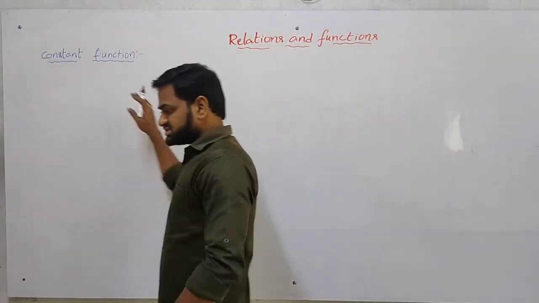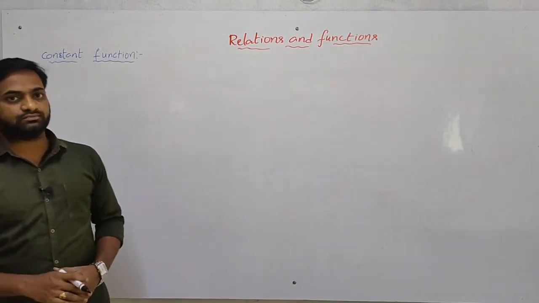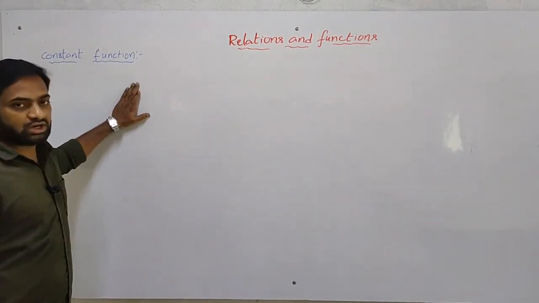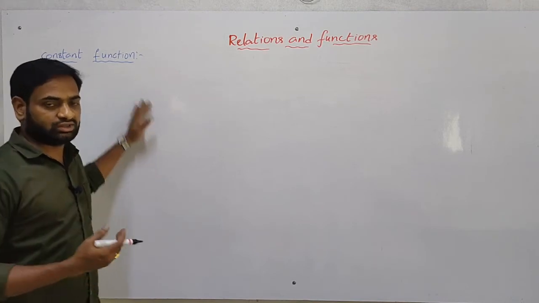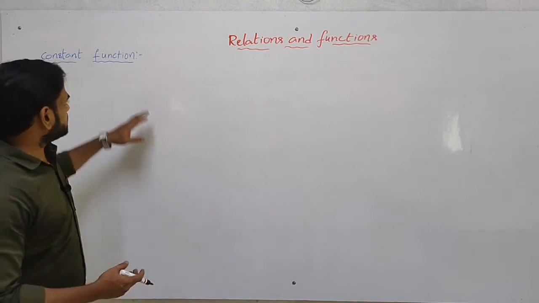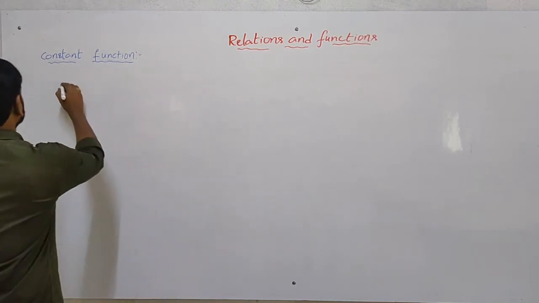See, the next function is constant function. See here, all of you know constant means you cannot change the value. That is the constant. See here, I am writing a definition.